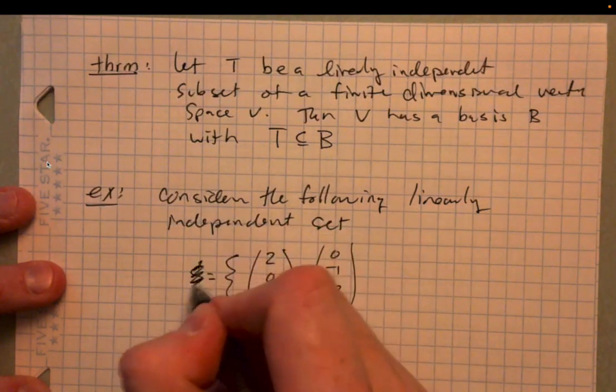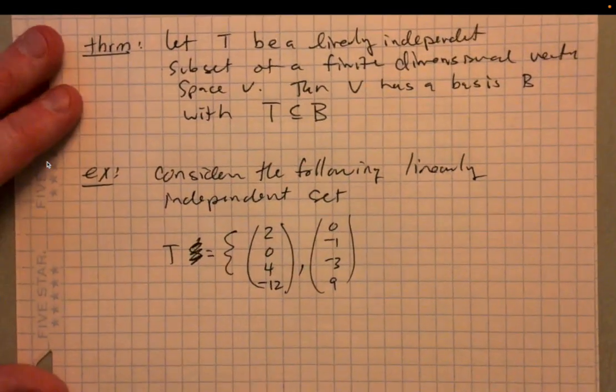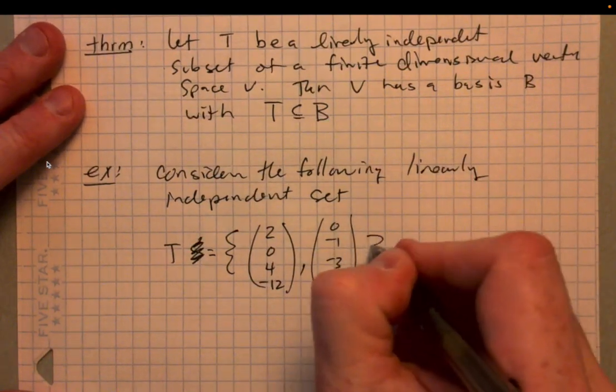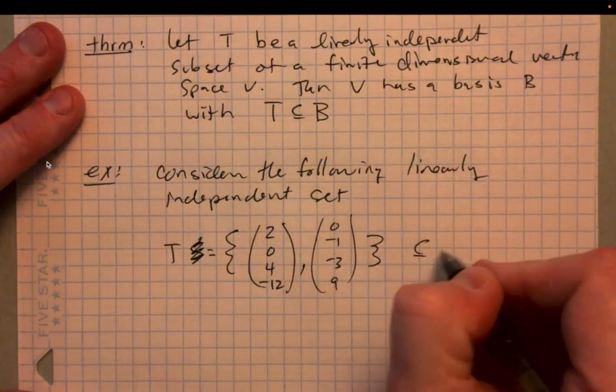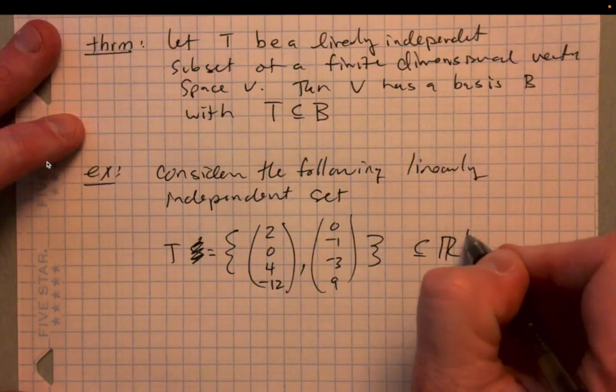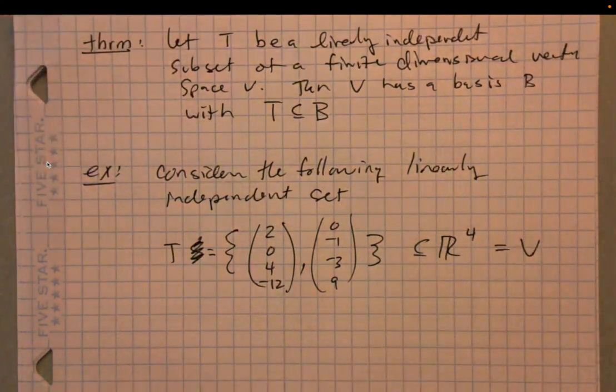I'm going to call it T, just because I want to mirror the previous demonstration. This is a subset of R4, and we'll say R4 is the vector space of interest, V. Now, we want to find a basis for R4 that has these two vectors in it.